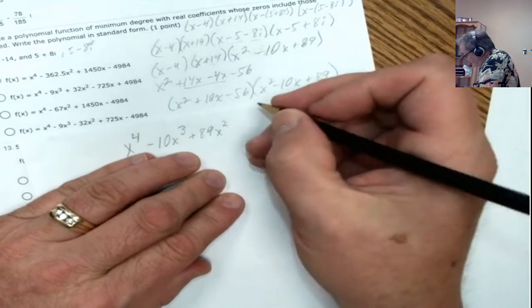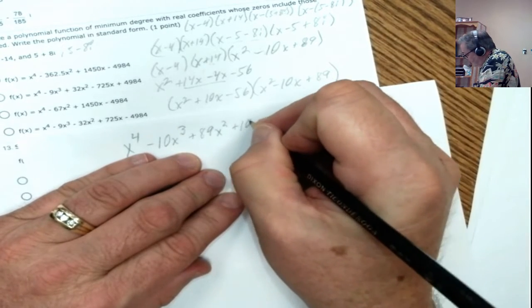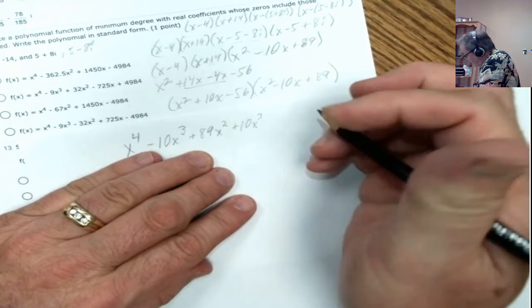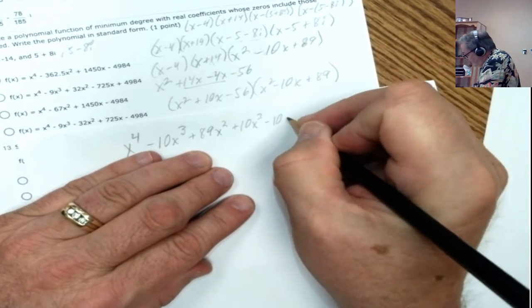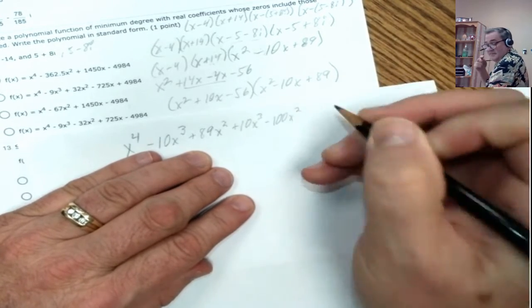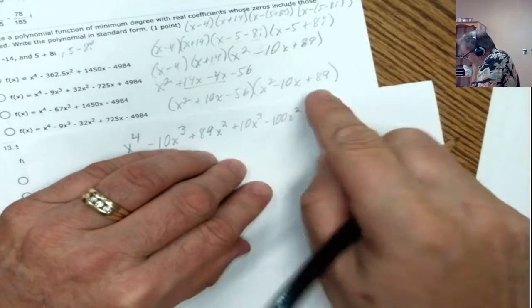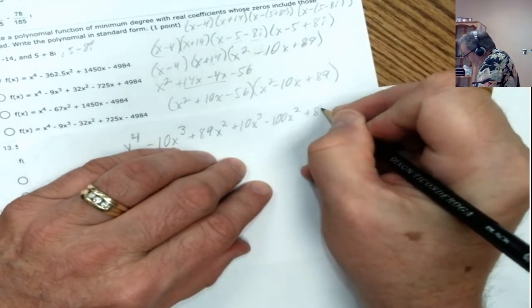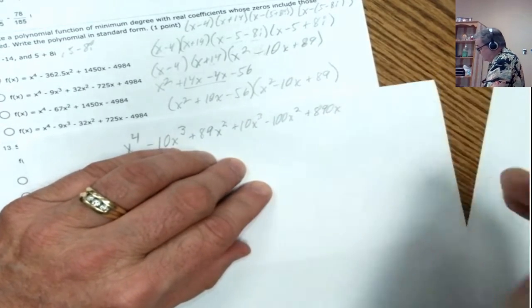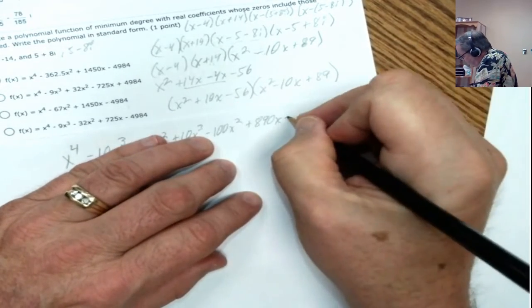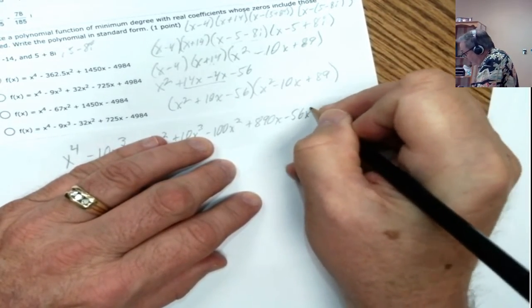10x times x squared is a positive 10x to the third. 10x times negative 10x, now we've got negative 100x squared. 10x times 89 plus 890x. All right, now the negative 56. Negative 56x squared.